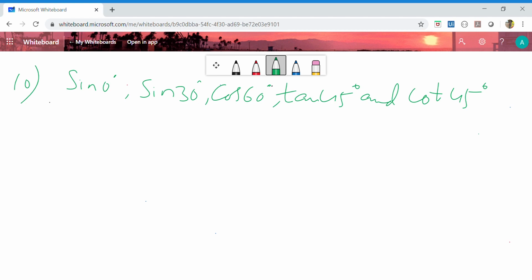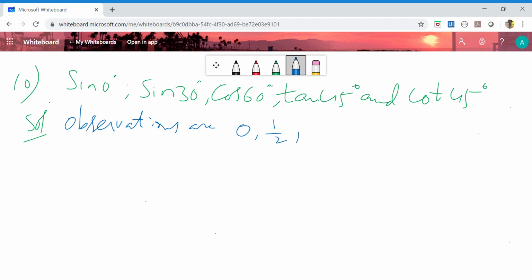That means 14th chapter statistics. So mean he asked. So first find out the values. So solution, observations are sine 0, 0, sine 30, 1 by 2, cos 60, 1 by 2, tan 45, 1, and cot 45, 1.